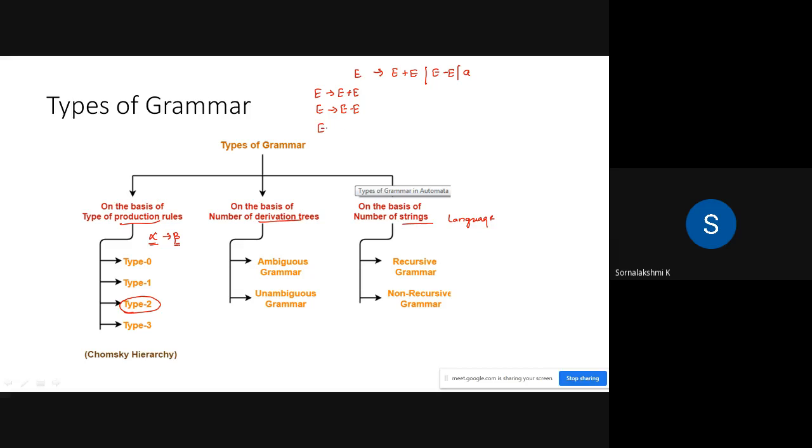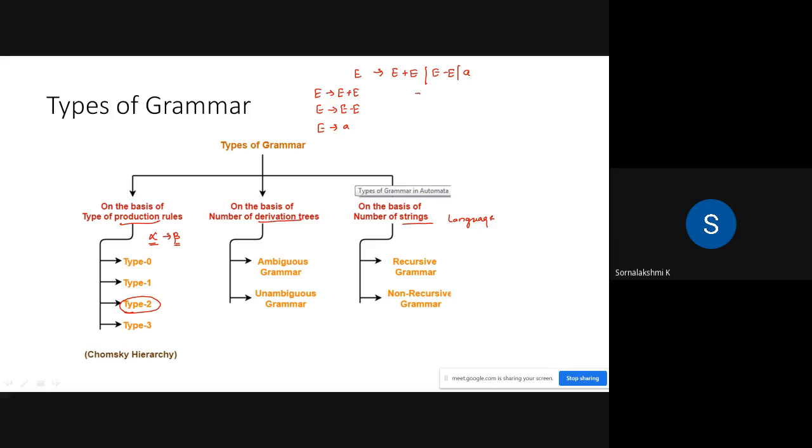Remember, I'm going to expand it from the left. We'll see in detail what is left derivation and right derivation. For now, we're trying to understand the concept of ambiguity.